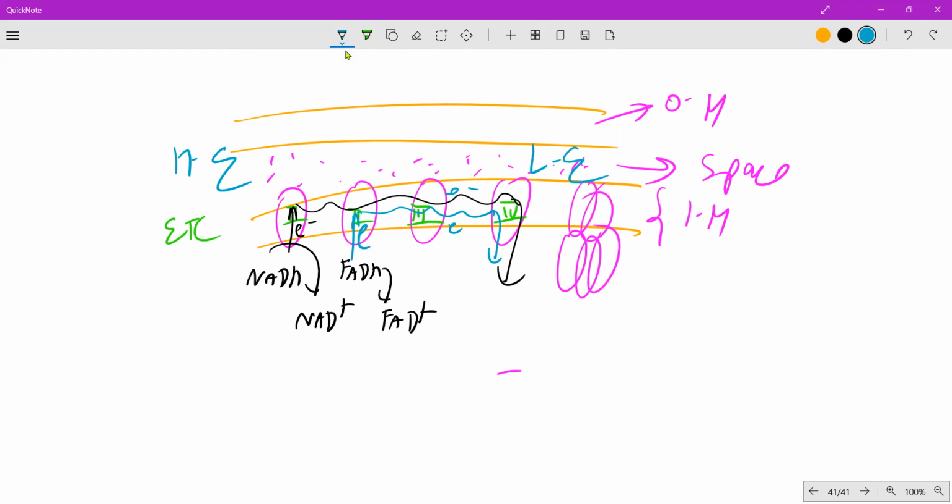That means some energy is dissipated, some energy is lost. So when the electrons pass through the ETC, some energy is being dissipated. And that energy is conserved, that energy is used.